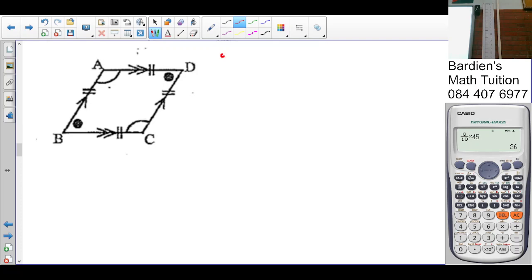Let's check. Firstly, what can we say about this? A rhombus is a tilted square. All sides are equal. Can you see all the lengths here? Since it's a tilted square, all the sides have to be equal. So all sides equal in a rhombus.